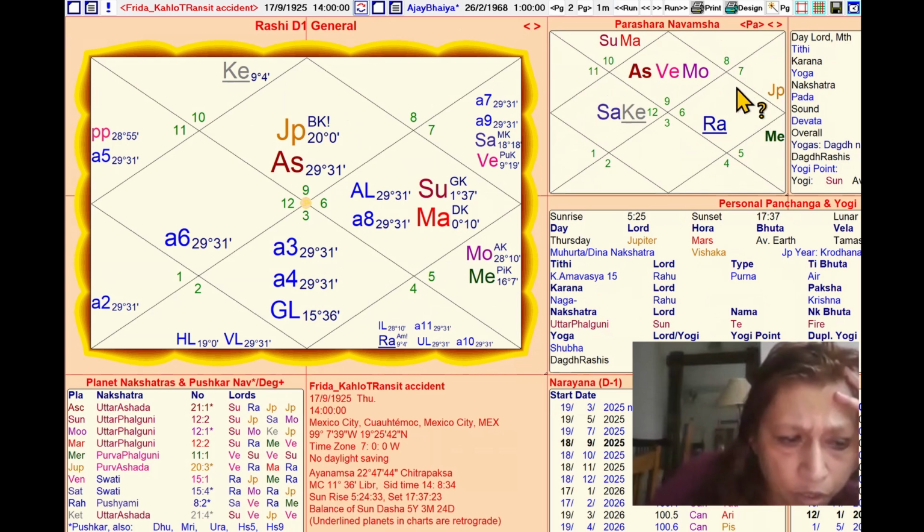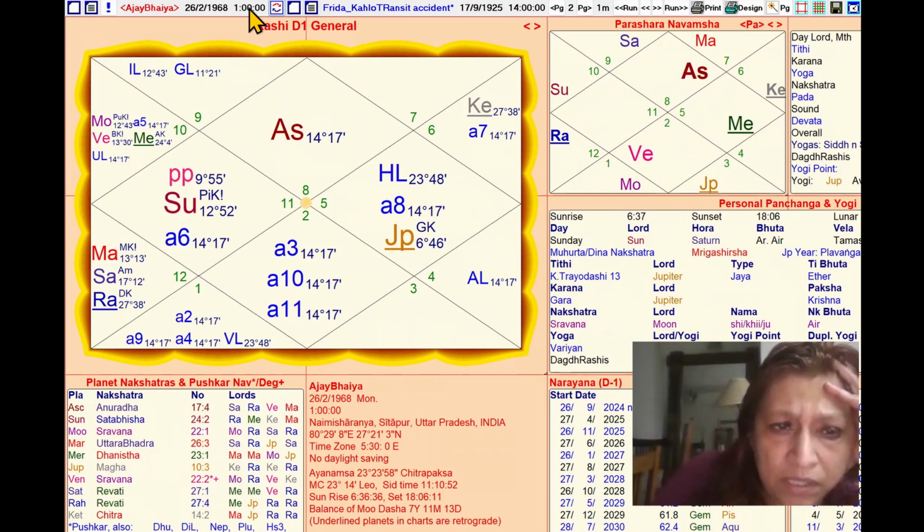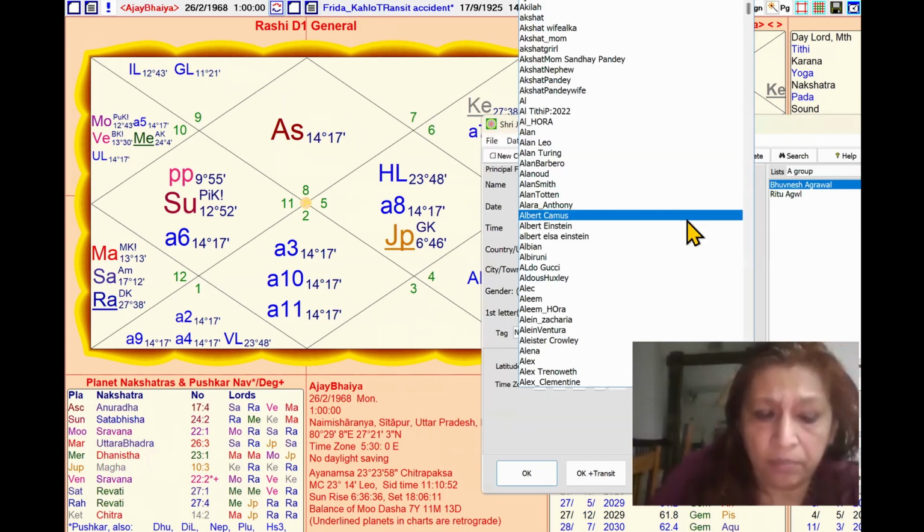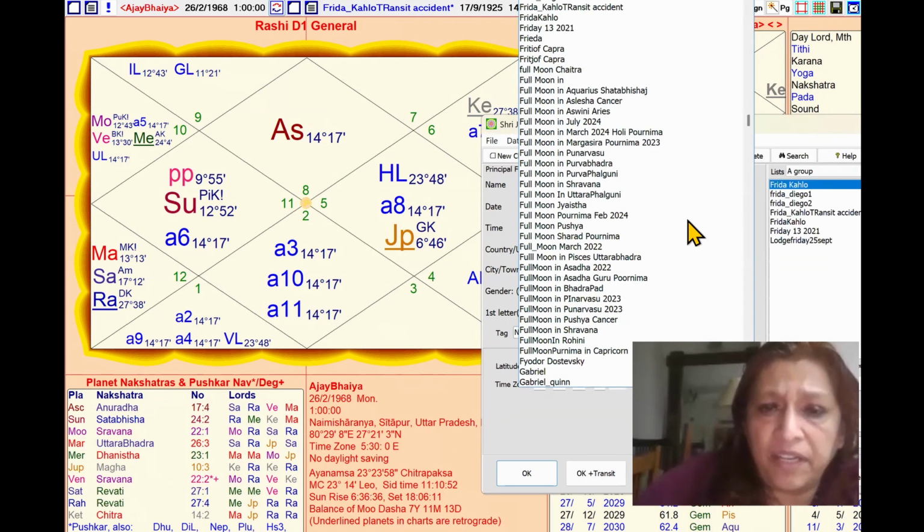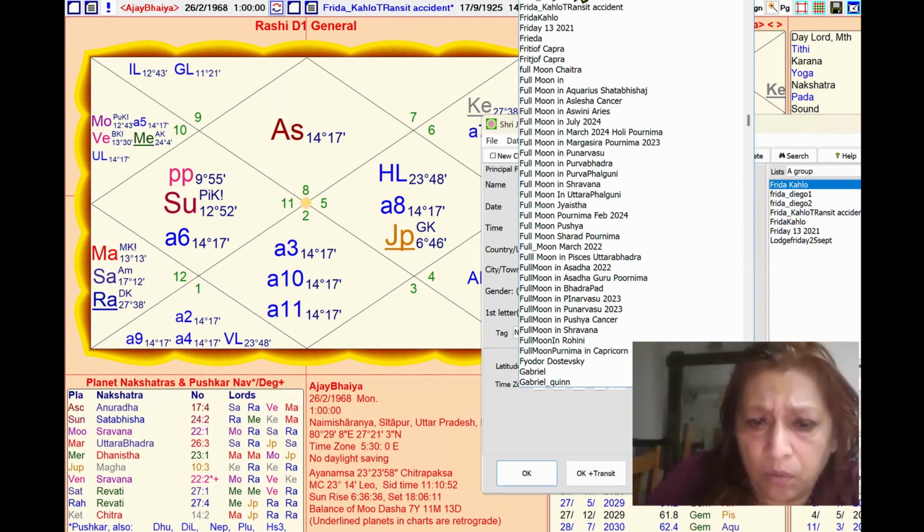Let's see, the moon is in Uttara Falguni, which is number 12, and Saturn is in Swati, which is number 15. Does anyone remember her original? Let's go to the original. Let me get her chart. I have her chart, Frida Kahlo.